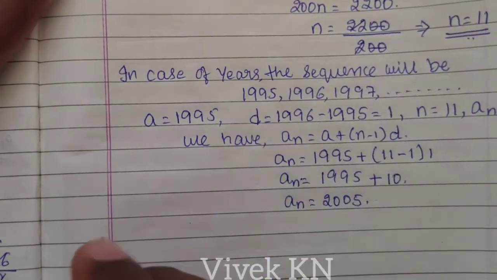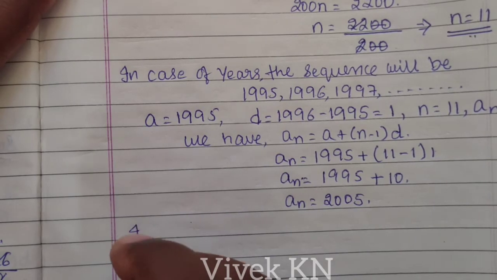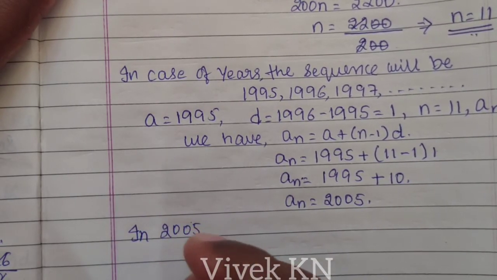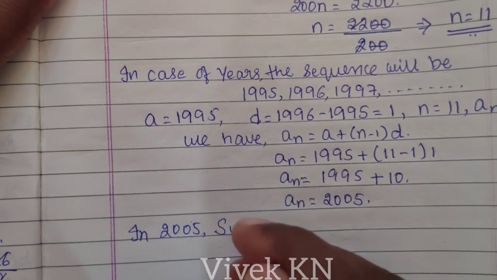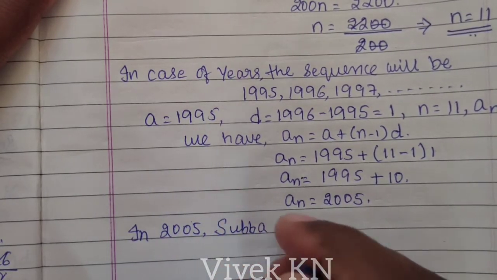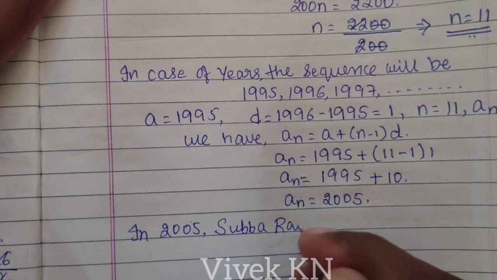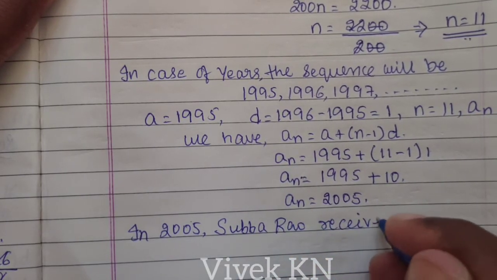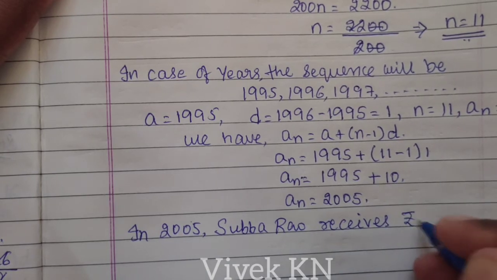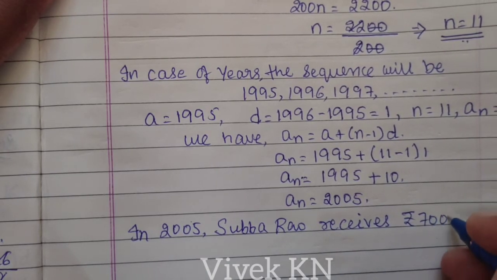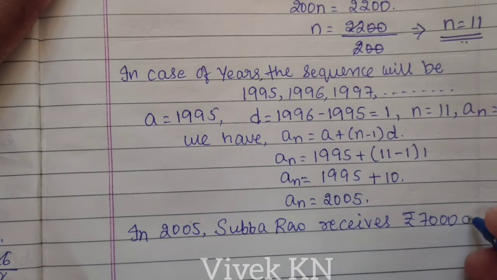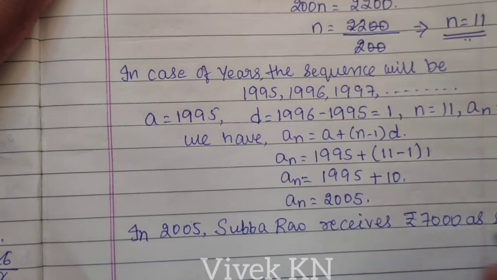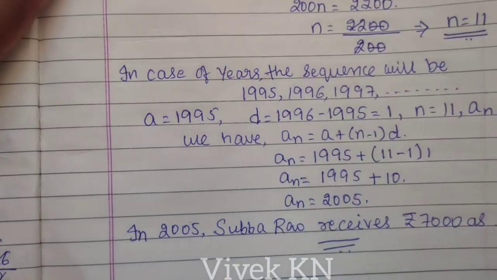So in conclusion, in 2005 Subbarao receives 7,000 rupees as salary. This is the answer.